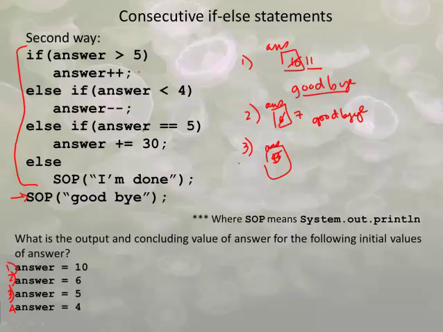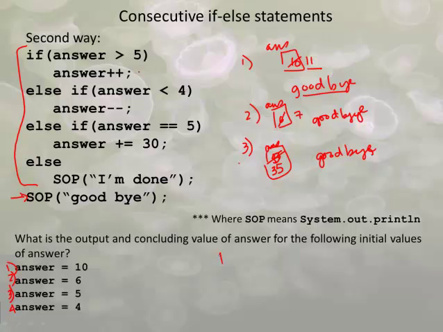Else if answer equals 5, true. This is the first true Boolean statement. Answer plus equals 30, so 30 is added to 5. So answer now has a value of 35. And goodbye prints, because it goes from here, kicks out, and goes to the last statement.